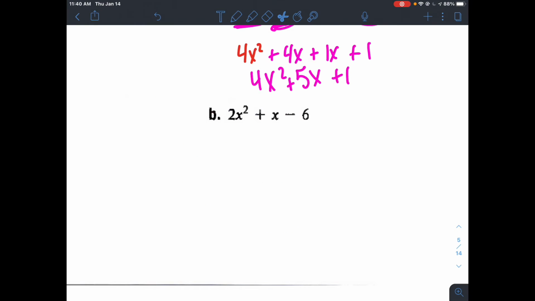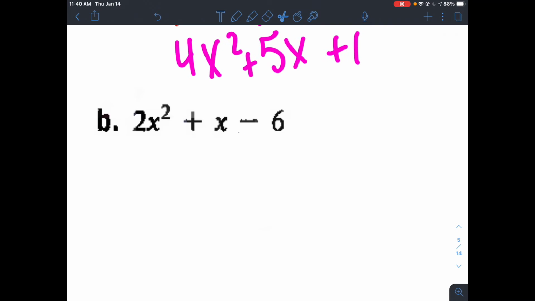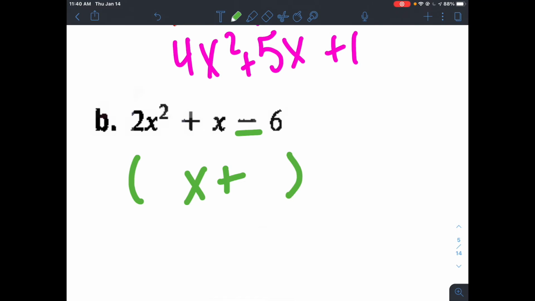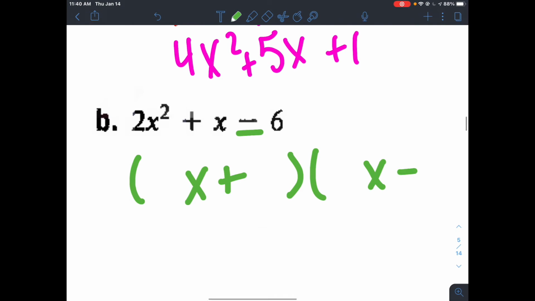Okay. B, it'll be pretty similar, except this time our second sign is negative, meaning that the signs will be opposite. So we'll have x plus and x minus. Okay.